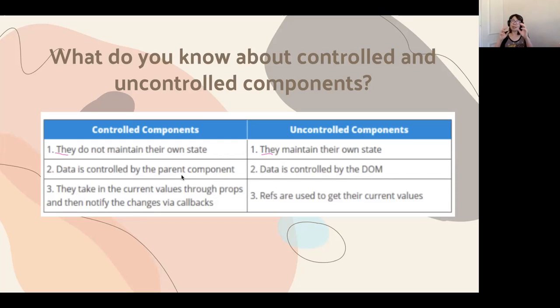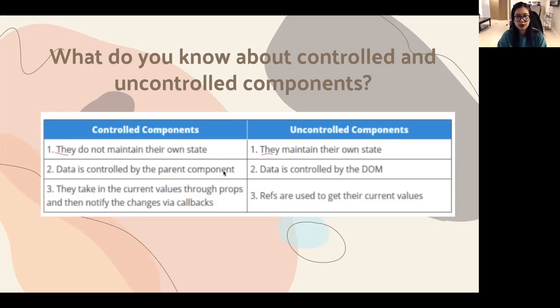You have a form as the parent and wrap the input inside it, so the parent component holds the state, right? I'm kind of confused about this too. We have to see code on that.